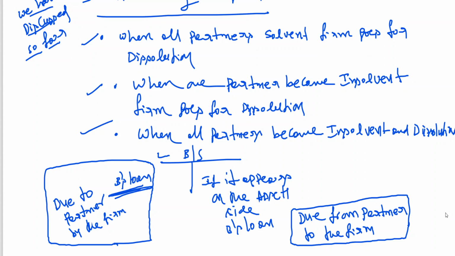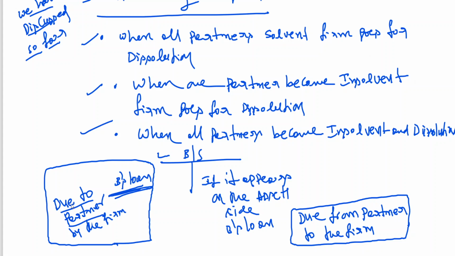Okay, my dear friends, this is due to partner by the firm, because the firm has borrowed the money. So due to partner is a liability, due from partner is an asset. Due from partner to the firm means the partner owes money to the firm. Here the firm owes money to the partner. Clear to all of you?